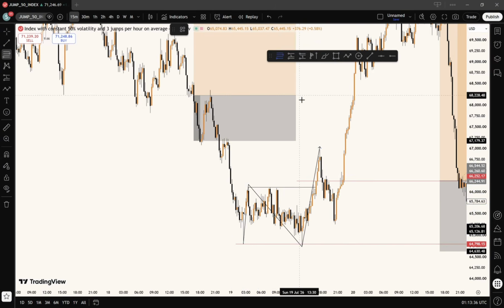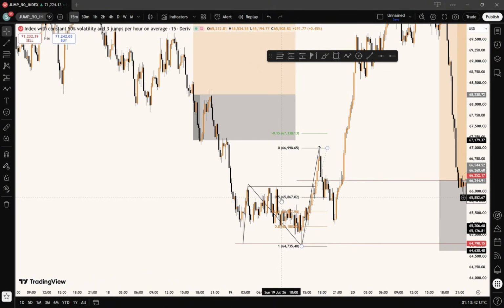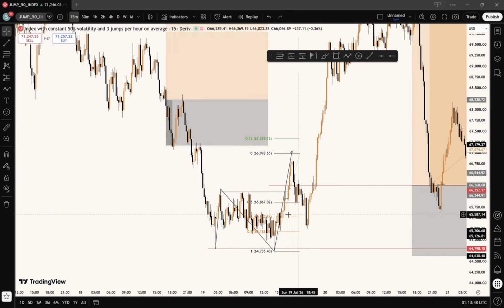All you just need to do is to put your fib to mark from the top to the bottom, right? You either use your 50% level or use the orange zone, you understand. Most times I like using the orange zone because my risk becomes small.